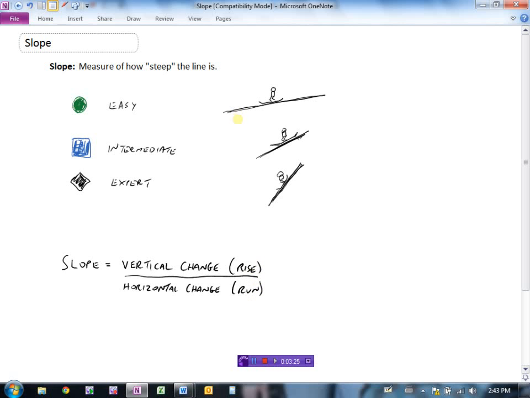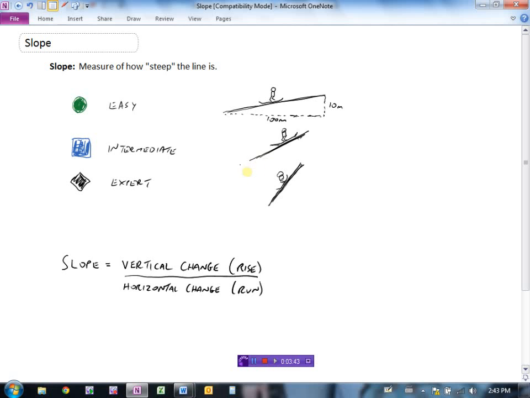So the ski hill, they might say, okay, well, horizontally, if you go 100 meters on this slope, then your rise, let's say, I'm making this up, let's say you drop 10 meters for every 100 meters that you go over.